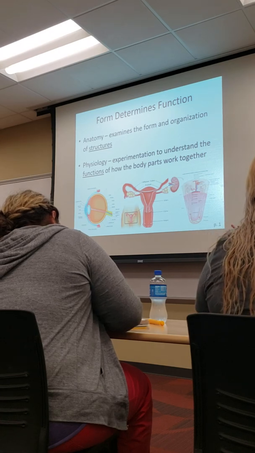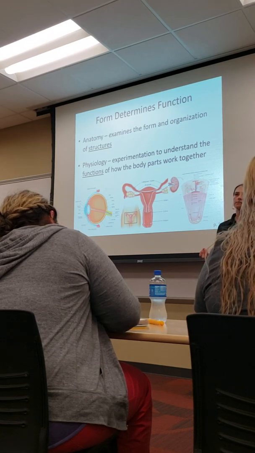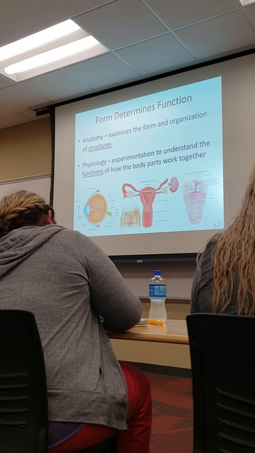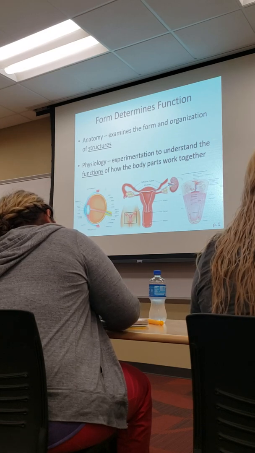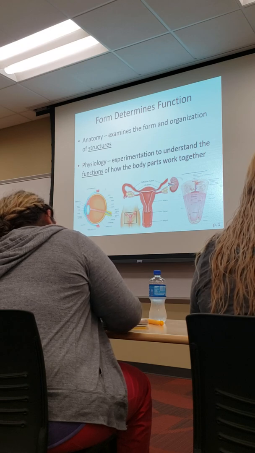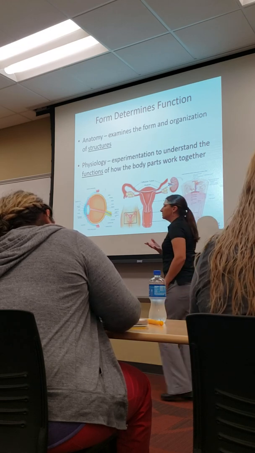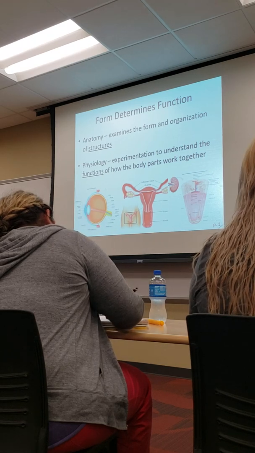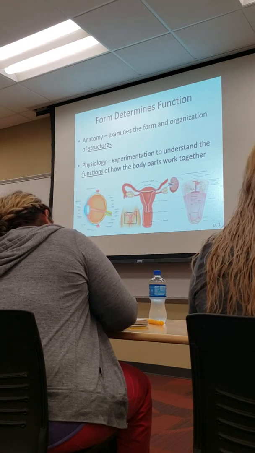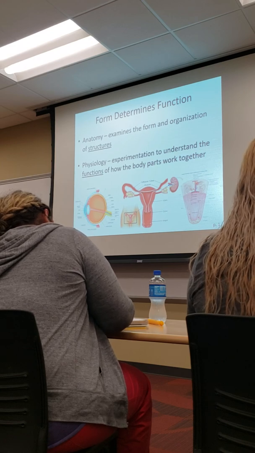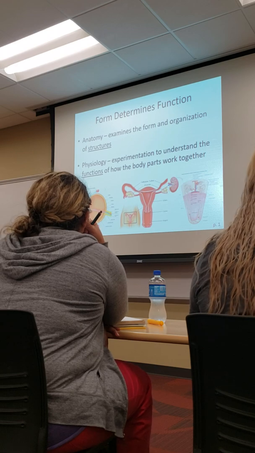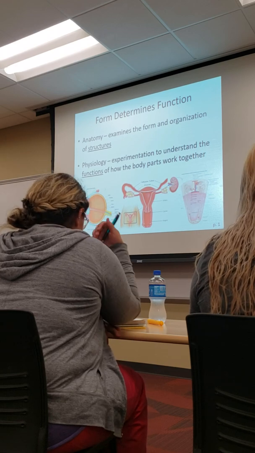So anatomy deals with the structures of the body. Physiology is how these structures work together. We can also do different types of physiological experiments to help us understand how the things in the body work together.